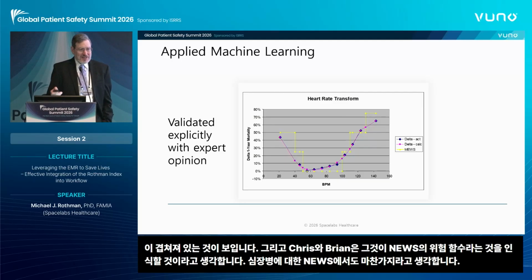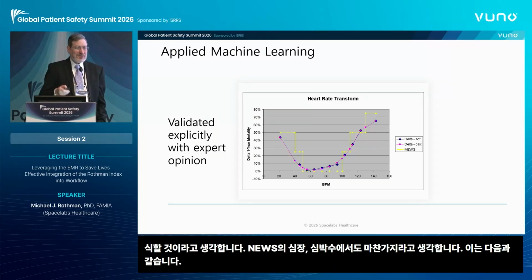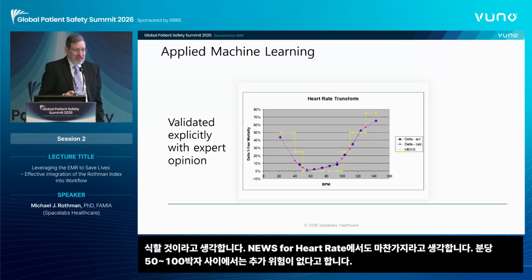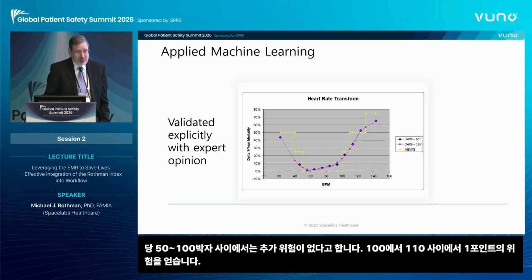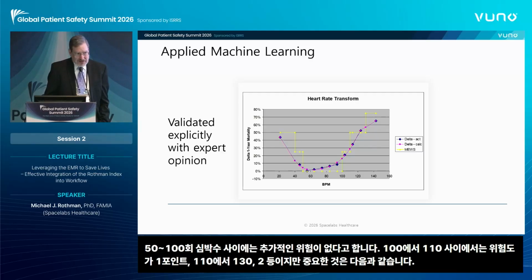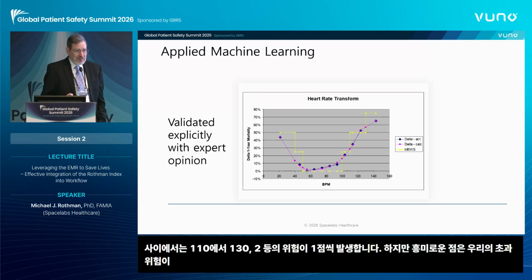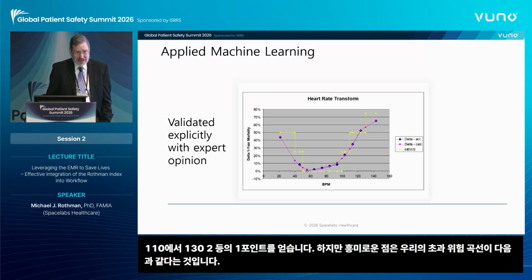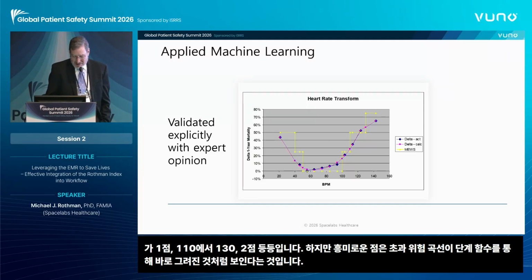Between 100 and 110, you get 1 point of risk, 110 to 132, and so forth. But the thing that's interesting is that our excess risk curve looks like it was drawn right through that step function. And so not only were we able to identify the normal range, but we're able to identify the escalation in risk as a function of deviation from that normal range.